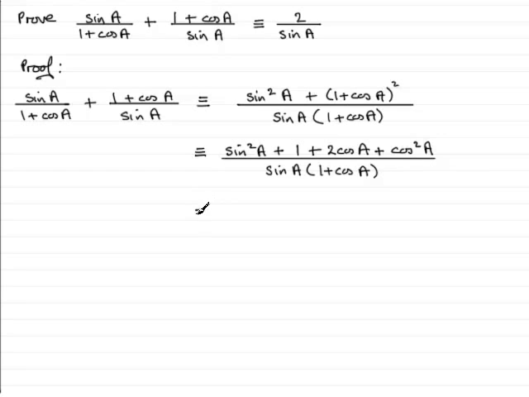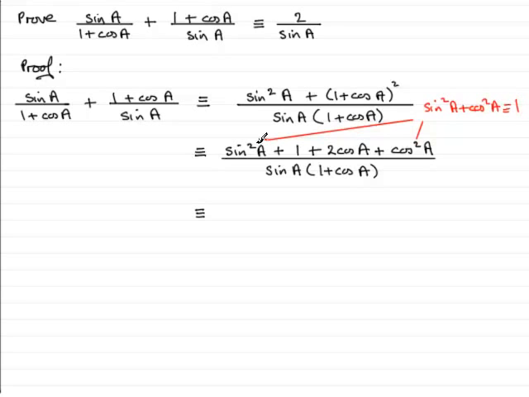Put the identical sign down again directly underneath. Now we've got sine squared A plus cos squared A. You should know that as a standard identity. I'll just mark it over here. Sine squared A plus cos squared A. Do you know that one? It's identical to 1.